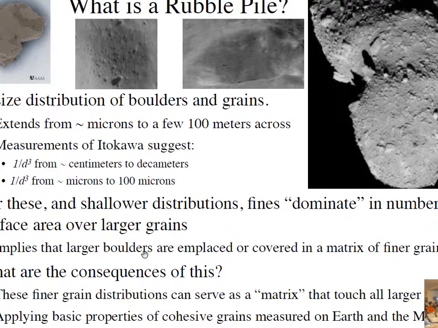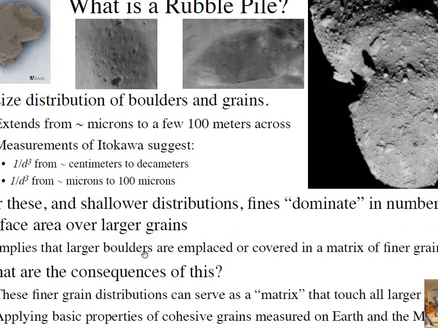I don't know if these two size distributions are connected or not, but even for shallower size distributions down to the fines, the smallest material really dominates in number and especially in surface area over the larger grains. What that means is that all the larger boulders of the body, where all the gravity lies, if you will, should be emplaced or covered in a matrix of finer and finer grains.